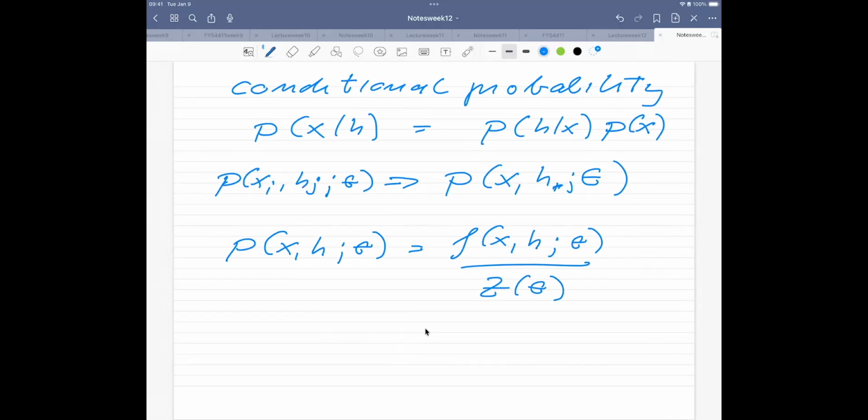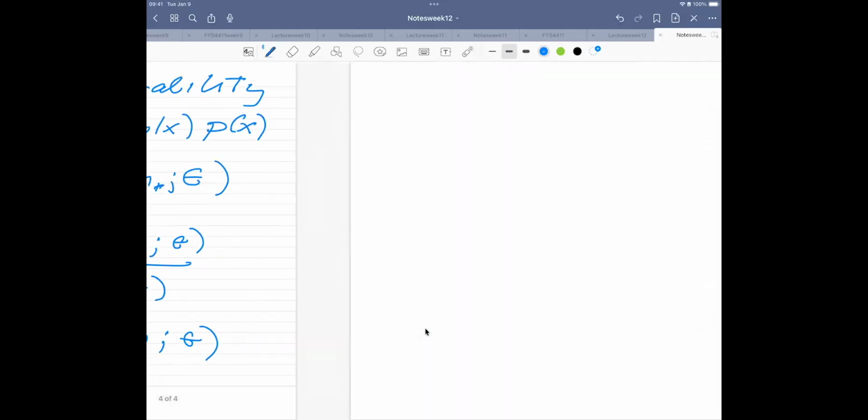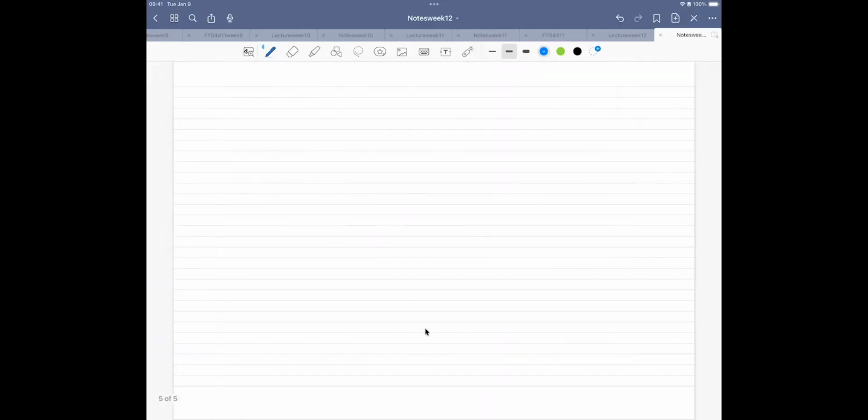Now, this function f of x which we are setting up is our model. This is the function which we want to train in order to produce this probability distribution. And this f of x, in the simplest case, is the following.